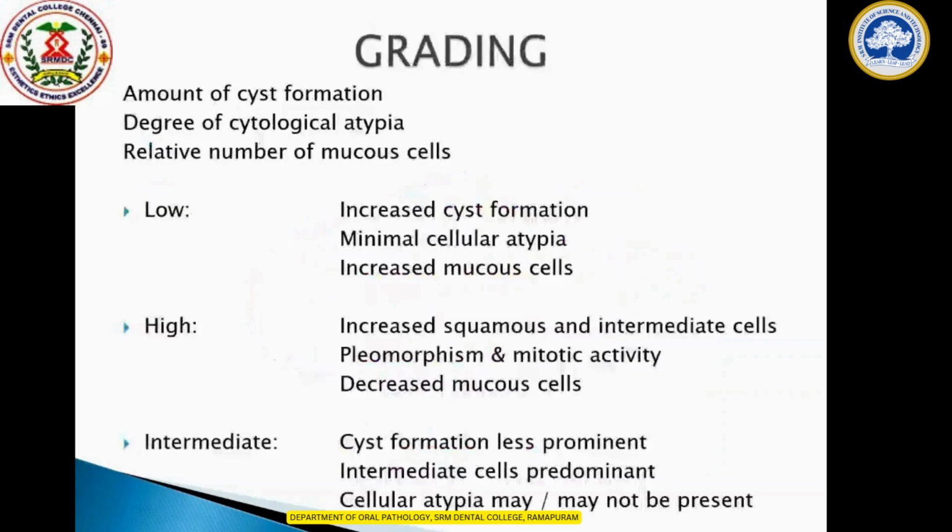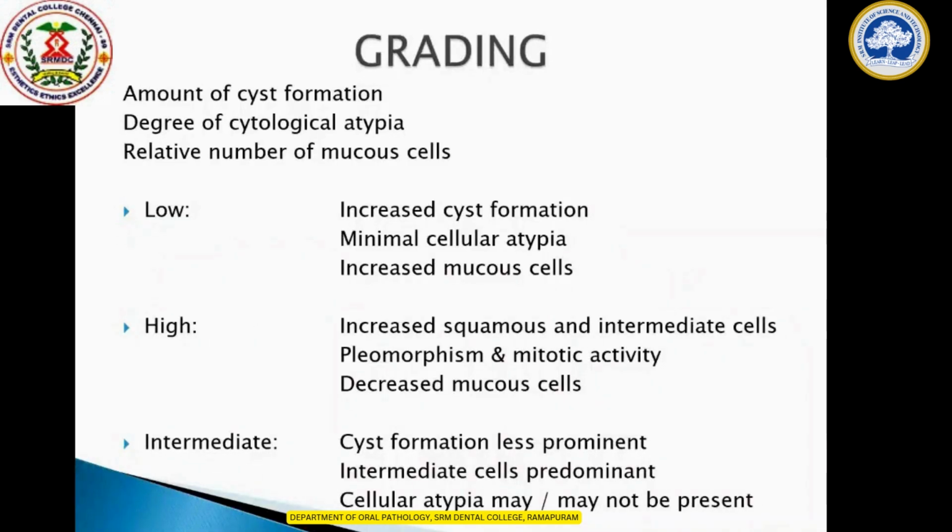So moving into the grading of your mucoepidermoid carcinoma, it will depend upon the amount of your cyst formation. How much of cystic spaces are there within the tumor? Second, the amount of mucus cells which is going to be present there. And the degree of cytological atypia, whether the atypia is there or not, or the amount of atypia which is going to be present.